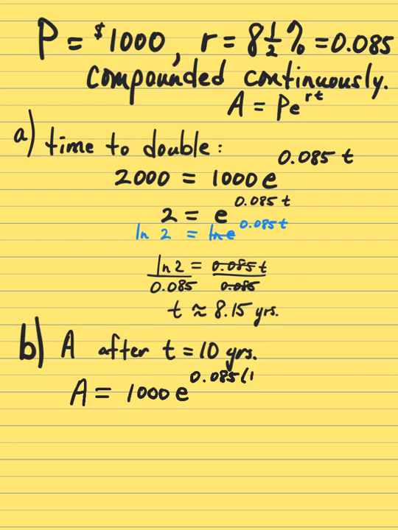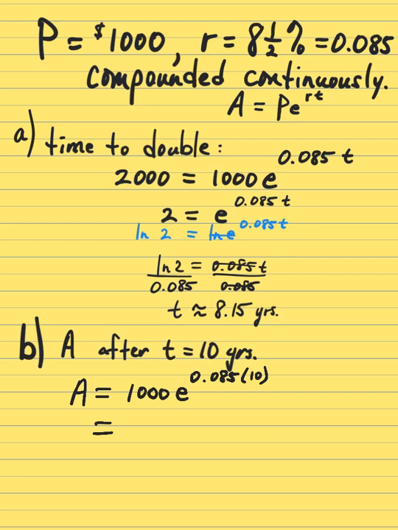This time we have a time component given, and we're asked to find the ending amount. So we have 1,000. Remember to pull up E, do second ln, and in the exponent part of it, you can either type in 0.085 times 10, or you can just type in 0.85 because that's the product of those two. Either way you want to do it.